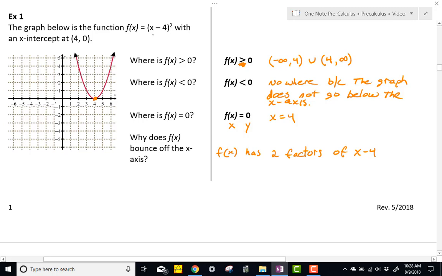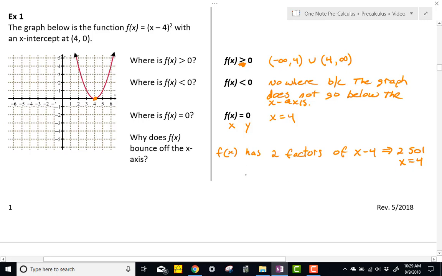In the original function it says (x minus 4) squared. So these two factors produce two solutions, which implies two solutions at x equals 4.